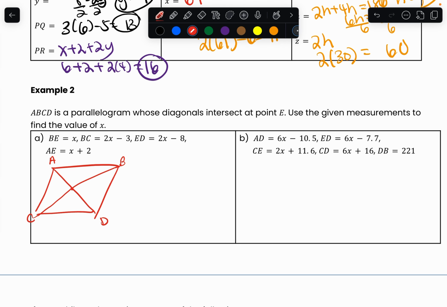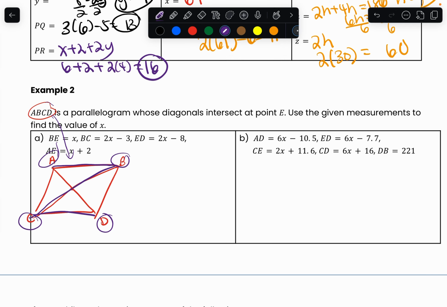Okay, let's see if you got it. The mistake I made here is that it says parallelogram A, B, C, and D, but if you look at my shape here, I have the parallelogram A, B, D, and C, okay? Because if I go A, B, C, D on my picture right here, it does not connect and make a parallelogram.